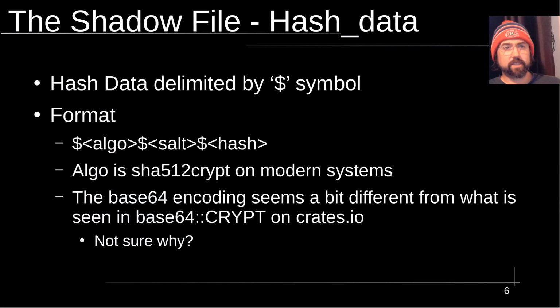The base 64 used by SHA512 Crypt is a little bit different from the crates.io crate called base64. I don't really understand the reason why it's different, but it is, and that's fine. We don't really have to worry about it right now. As you can see in the code, the Rust Crypto project takes care of that for us.